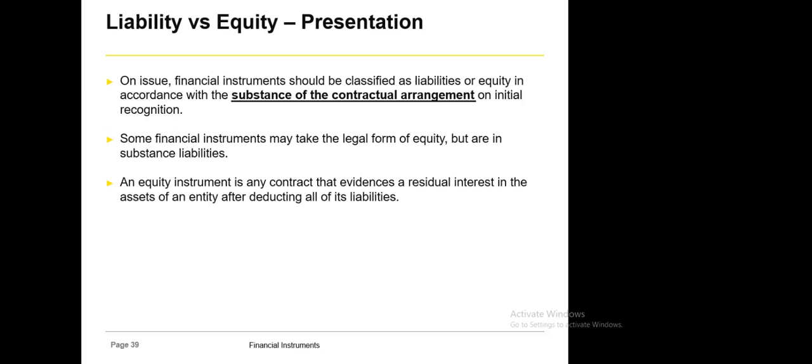So 1:1 ratio means that if you are holding 1 debenture, in exchange of that one debenture, you will be getting 1 equity share only. So here you have the fixed to fixed criteria. That means against the fixed number of debentures, you will be getting the fixed number of equity shares.